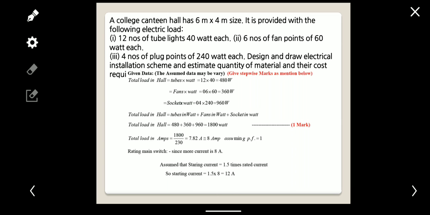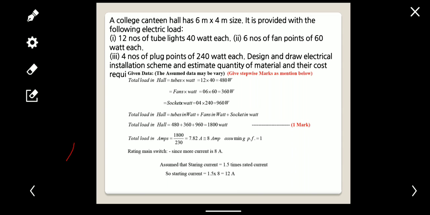Then the next numerical: a college canteen hall has a size of 6 meter into 4 meter. It is provided with the following electrical loads. First one is 12 number of tube lights, 40 watt each, 6 number of fan points of 60 watt each, then 4 number of plug points of 240 watt each.